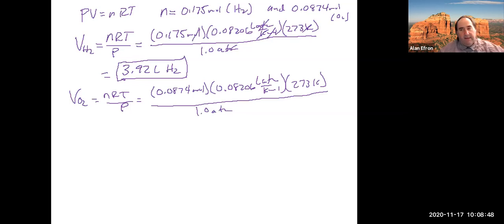And if we put all that in there, 0.0874, it's going to give us 1.96 liters of O2.